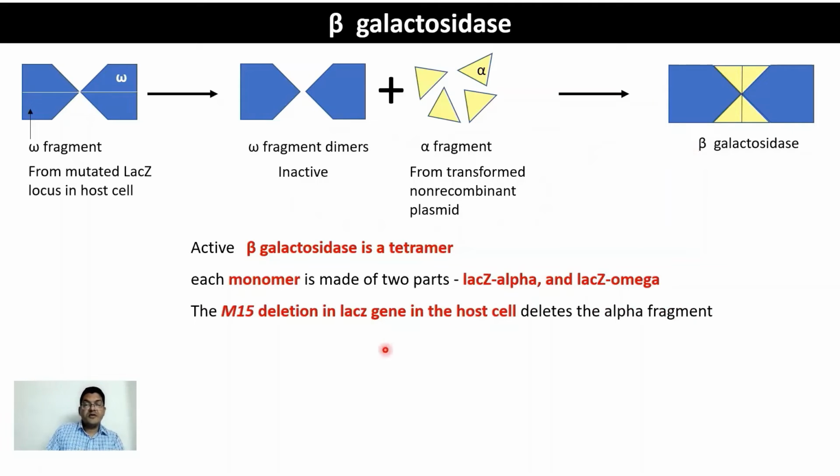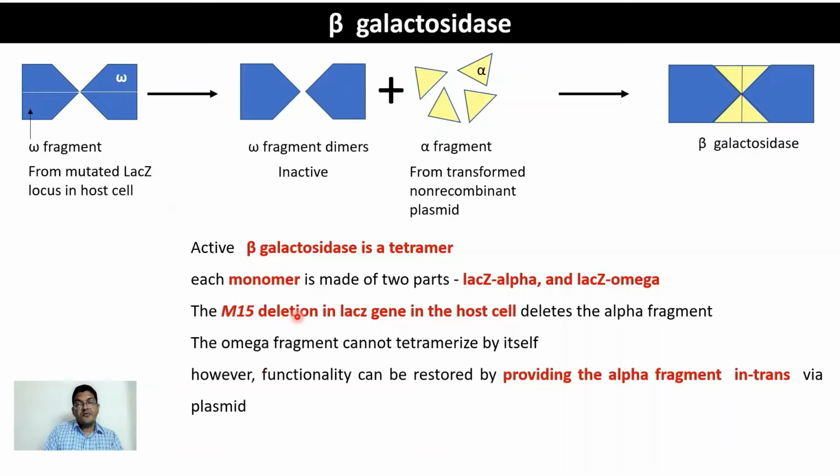The M15 deletion in the lacZ gene in the host cell deletes the alpha fragment. So the omega fragment cannot tetramerize by itself, and therefore you do not have a functional beta-galactosidase. However, the functionality can be restored by providing the alpha fragment in trans via the plasmid here. So this is your alpha fragment coming from the non-recombinant plasmid and forming a functional beta-galactosidase in combination with the omega fragments here. And this process is known as the alpha complementation process.